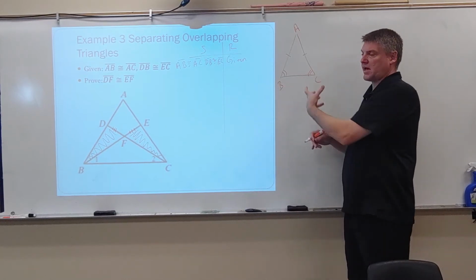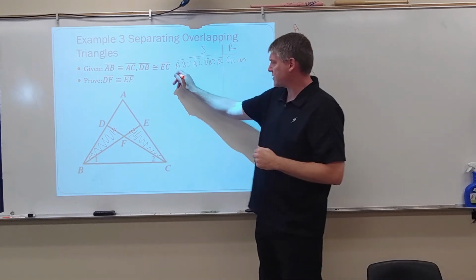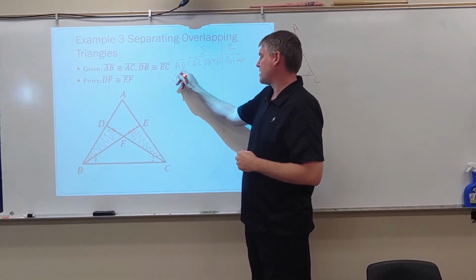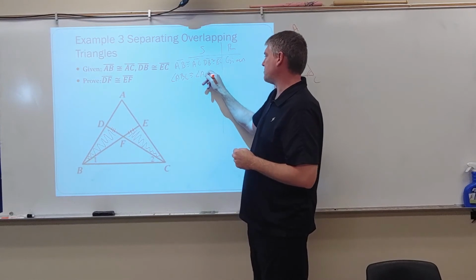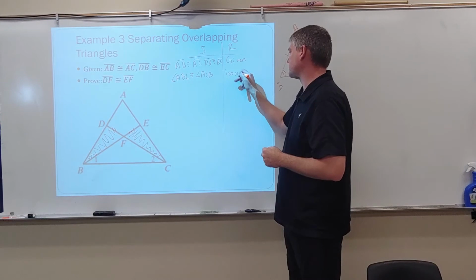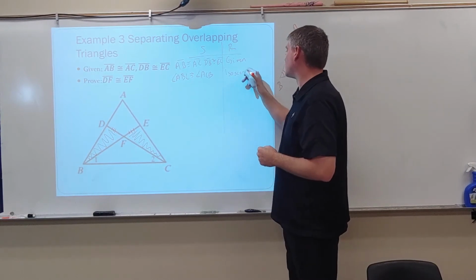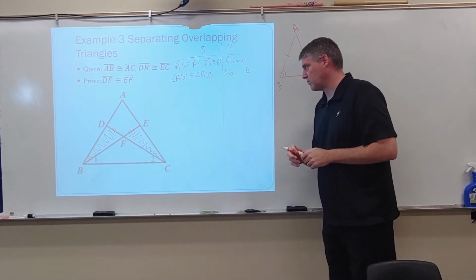Now, I can't just say angle B because there's lots of angles there. So I could say angle ABC is congruent to angle ACB because of the isosceles triangle. I'm going to abbreviate iso triangle. There we go.